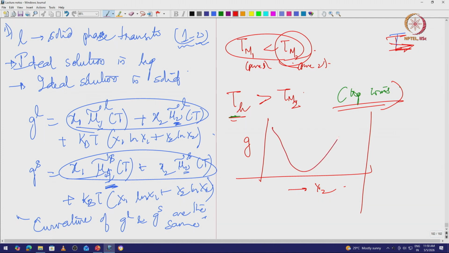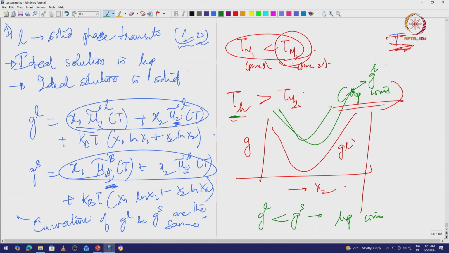This is G liquid, and this will be G solid, with some other curvature, some other tilt rather. So, at high temperature G liquid is less than G solid. So, liquid wins.